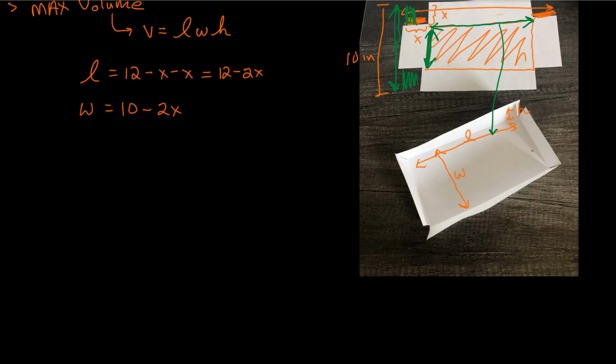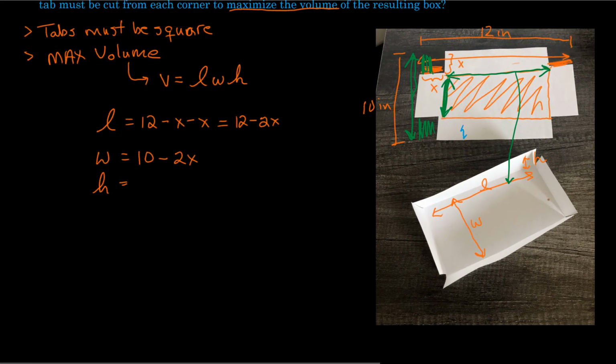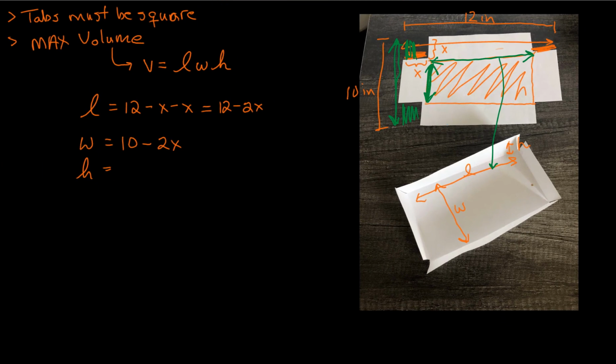The third thing we need to do is look at the height. Well, the height is just one of the sides folded up. And when you fold one of these sides up, looking at the bottom tab on the top box, this blue arrow here is going to be the height of the box.